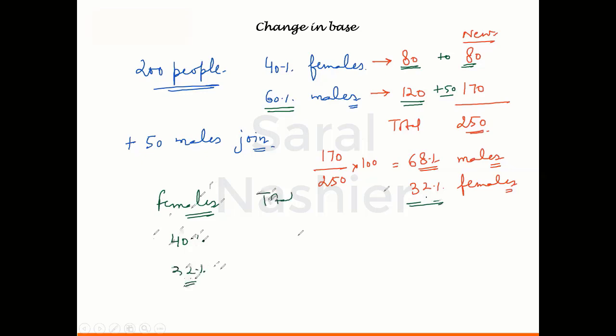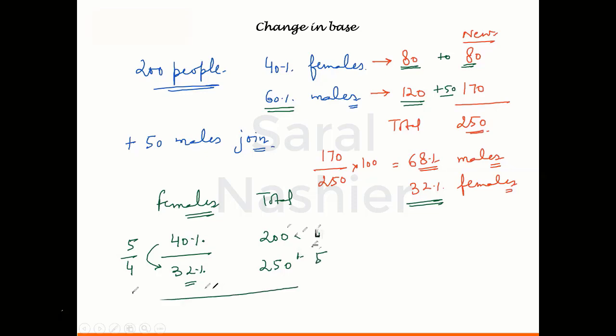If I look at the total population of the city, it was 200 initially, and now it is 250. Look at the ratio of the females' percentage initially and now. 40 is to 32. If you cancel it by 8, it gives me the ratio as 5/4. And if you calculate the ratio of the total population and cancel it by 50, this gives you 4/5.